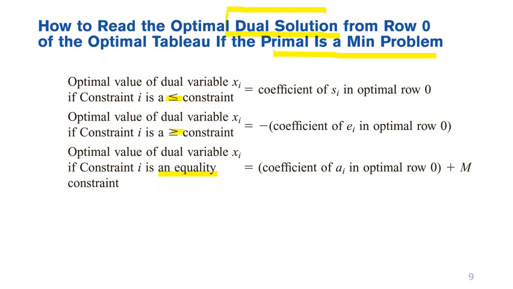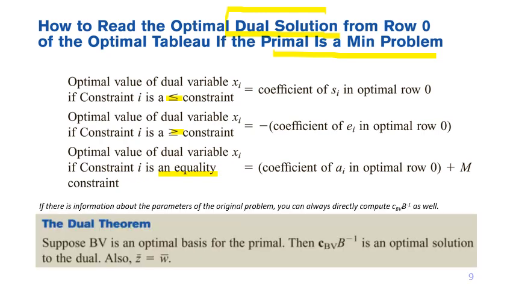Same as before, you can always directly compute CBVB inverse if you have the information about which variables become the basic variables in the optimal basis. But if you have the optimal table, then you may just follow these steps to obtain the optimal dual solution, or to obtain the CBVB inverse.